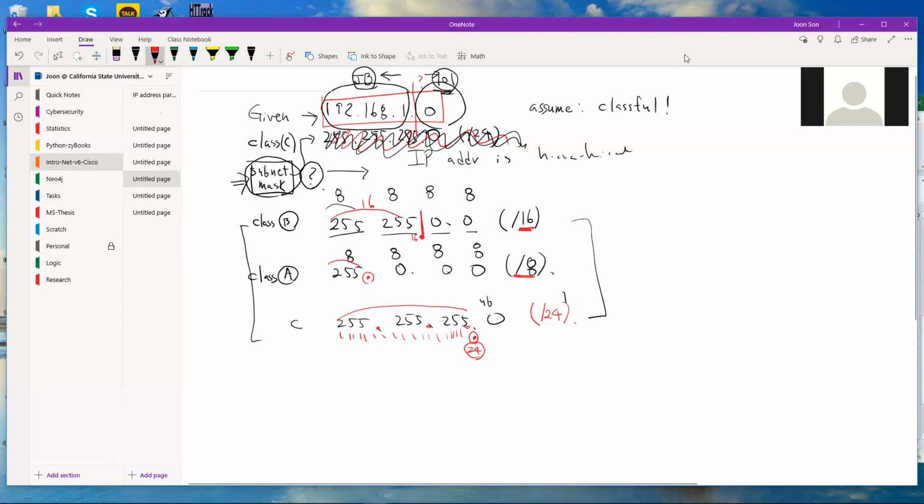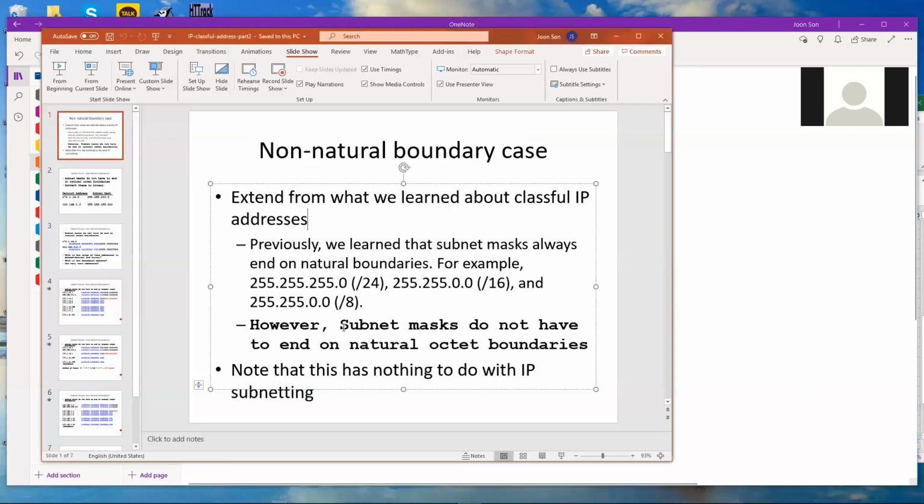Okay, so that's something that we learned, and that's something we can assume always. But however, the subnet mask does not have to end on natural octet boundaries.